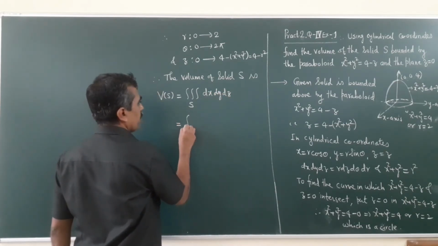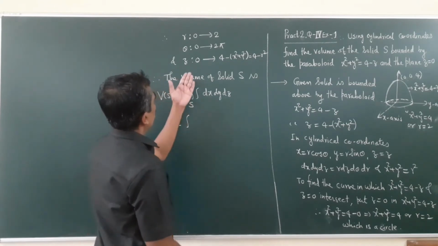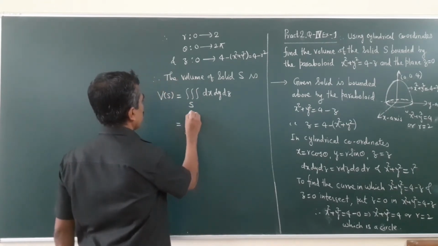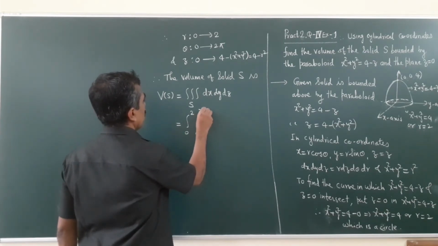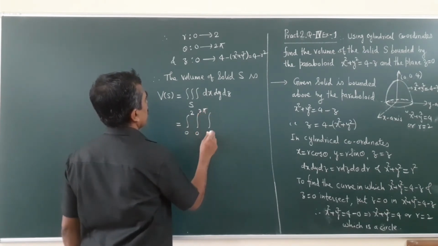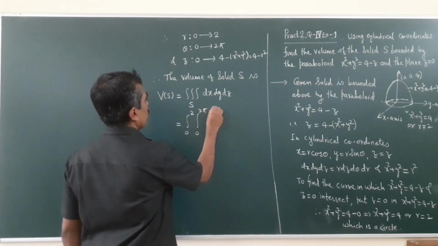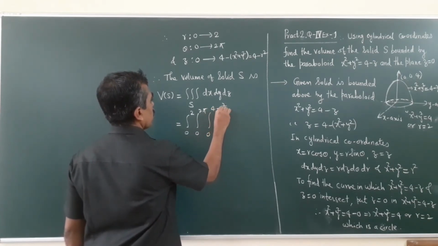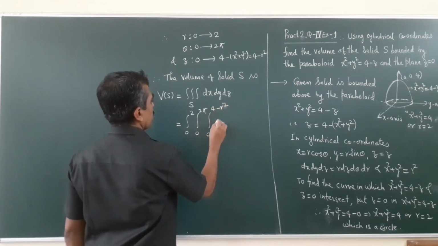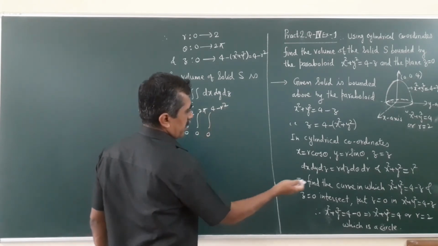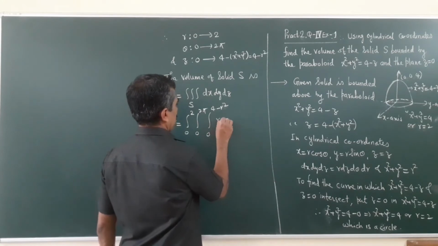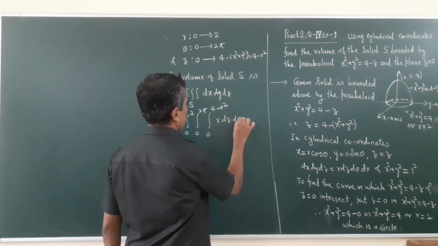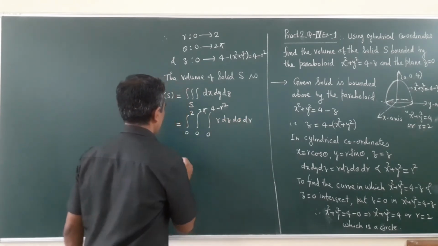So this is equal to, now go to cylindrical coordinates: r runs from 0 to 2, theta runs from 0 to 2 pi, z runs from 0 to 4 minus r square. And dx dy dz is r dz d theta dr.